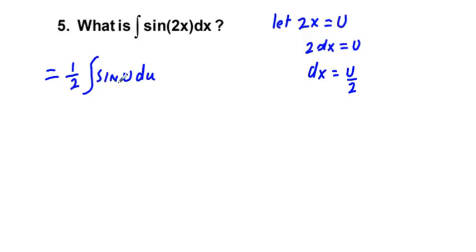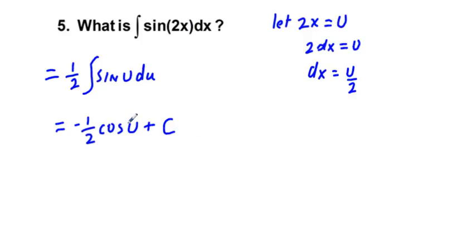Well, it's going to be negative cosine. So our answer is going to be negative 1/2 cosine u, and then that's going to be plus c, the constant of integration.